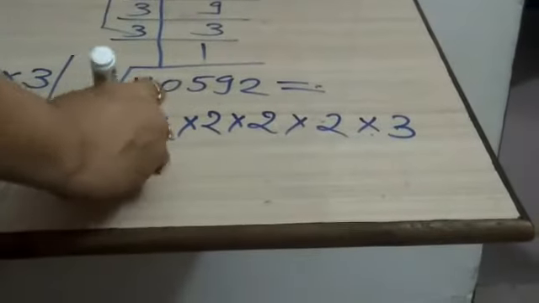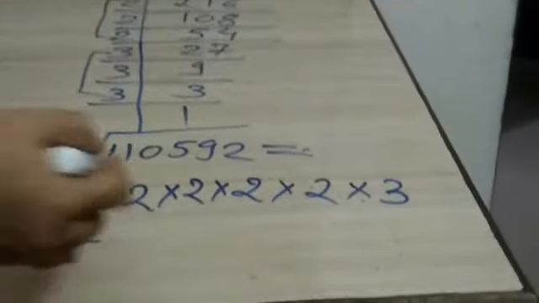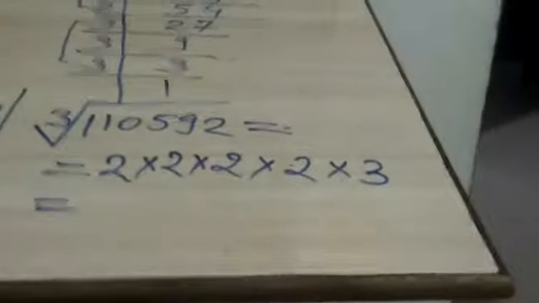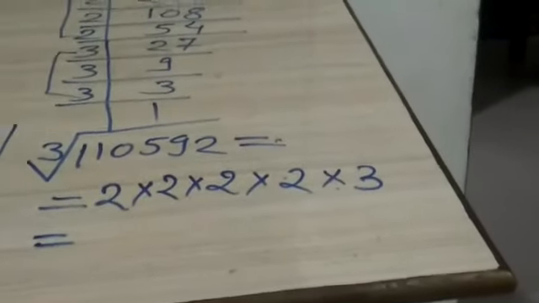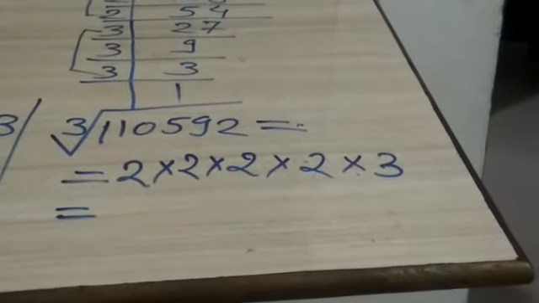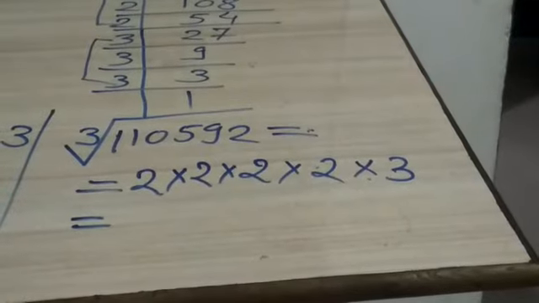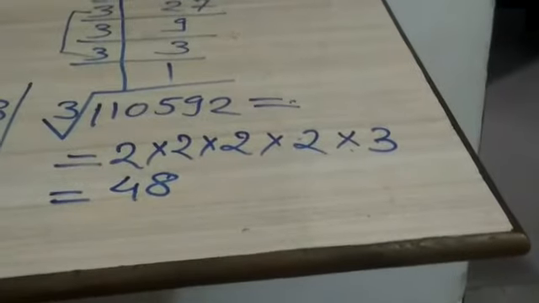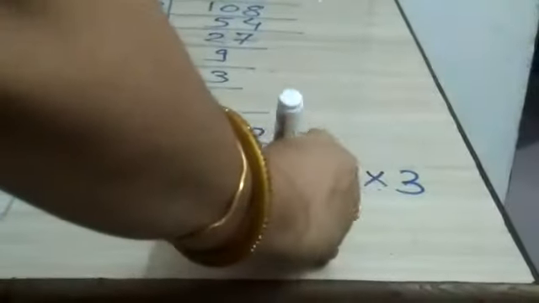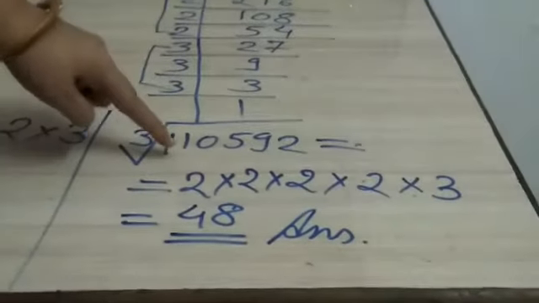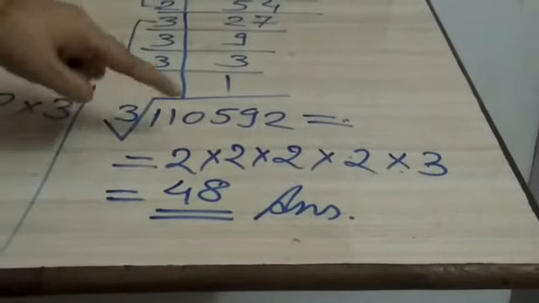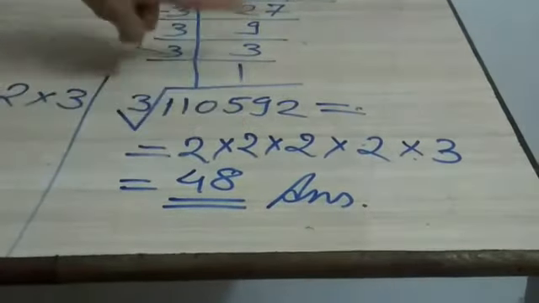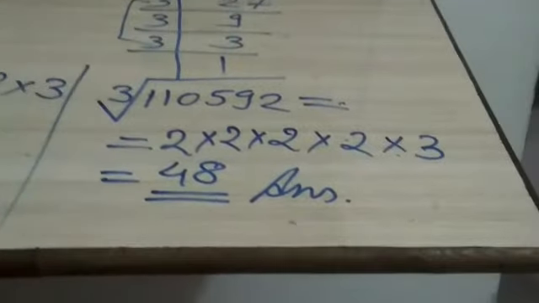Now we will multiply. 2 twos are 4, 4 twos are 8, 8 twos are 16, and 16 threes are 48. So 48 is your answer. It means cube root of 48, not cube of 48. If we are finding the cube root of 110,592, your answer will be 48.